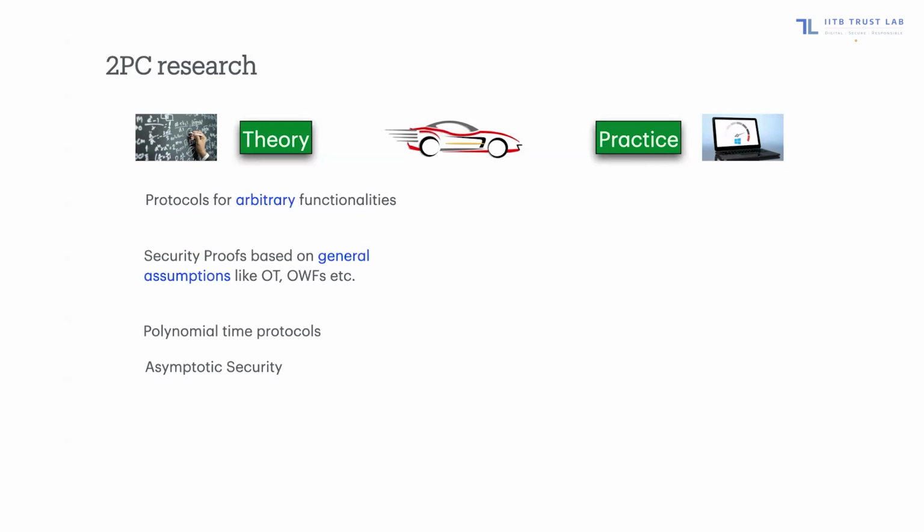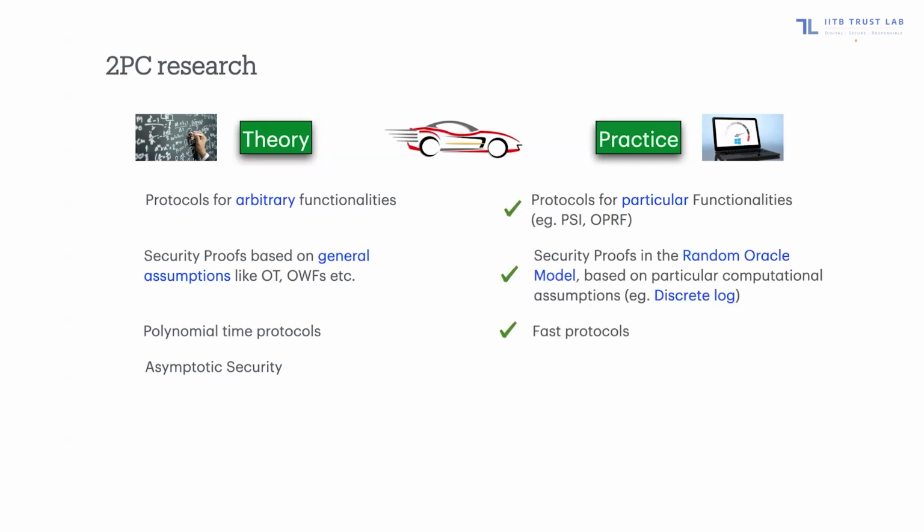The focus was not efficiency, and security proofs were given in the asymptotic security setting, and it was enough that protocols were built. We are now in the second phase, where the interest is more in the practical side of two-party computation, and the focus is efficiency.